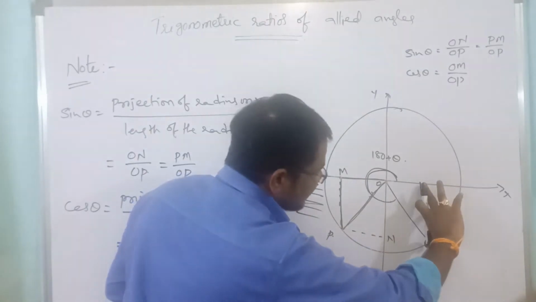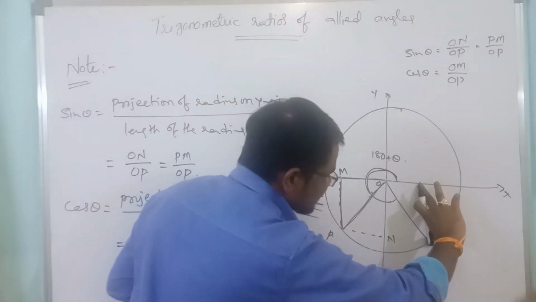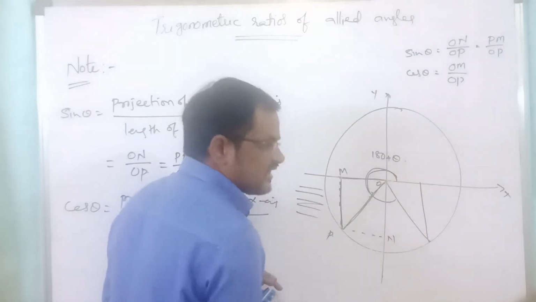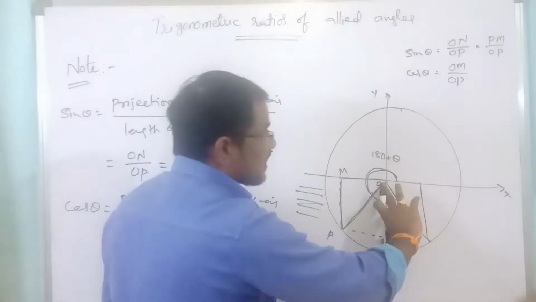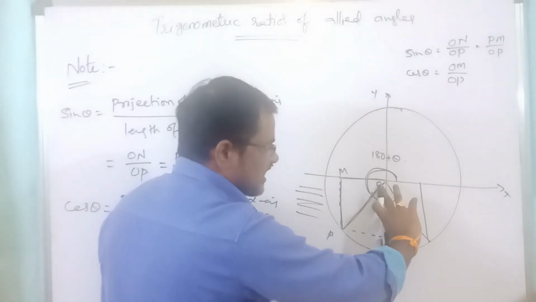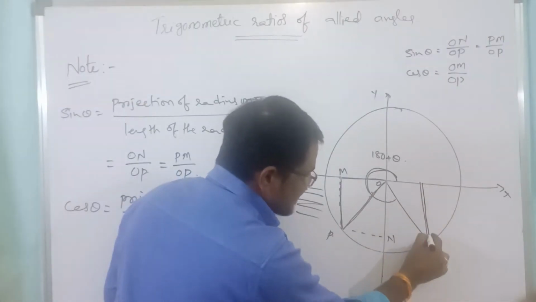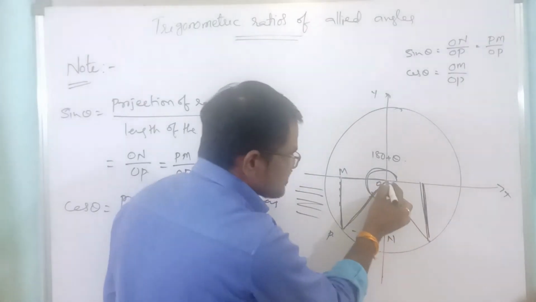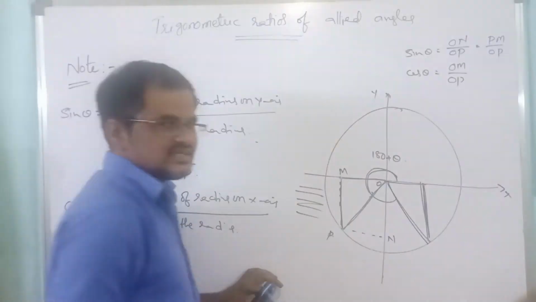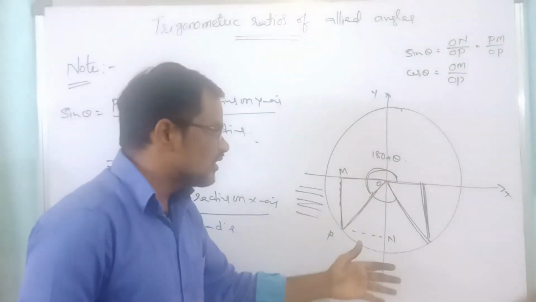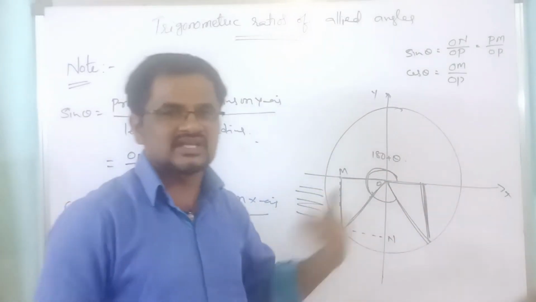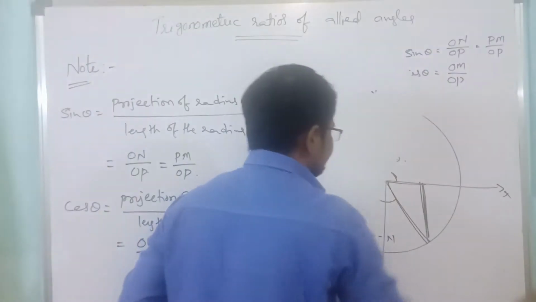For this angle you can treat this as the opposite side, because this length equals the projection of OP on the y-axis, and this is the hypotenuse and this is the adjacent side. Like this we will follow further. Okay, right.